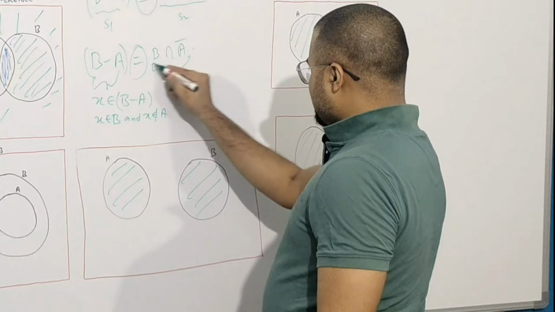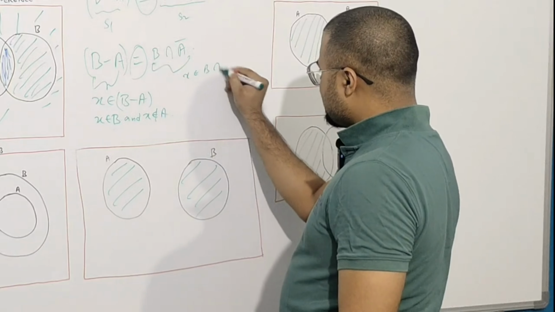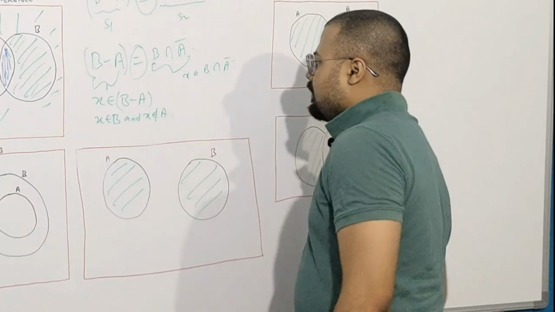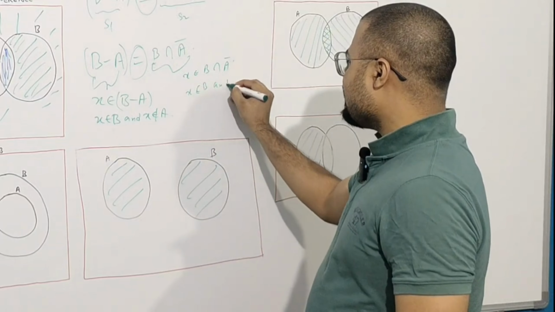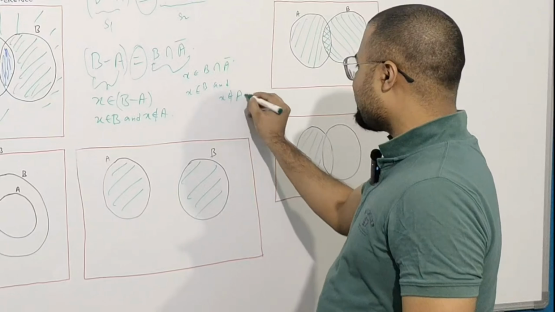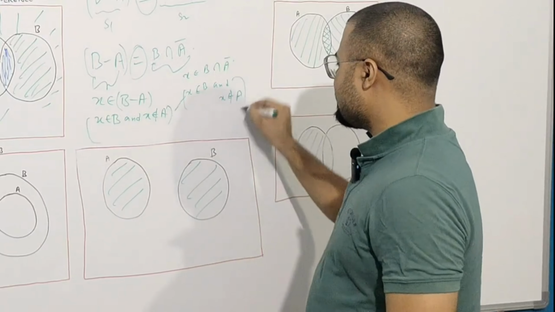And what does this mean? X belongs to B intersection A complement. It means that X belongs to B and X does not belong to A. So both are the same thing. So they are equal.